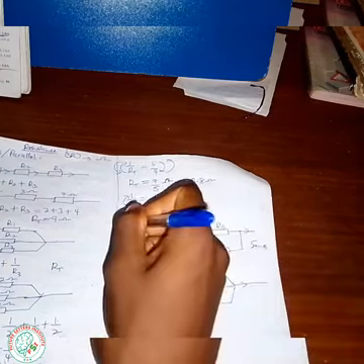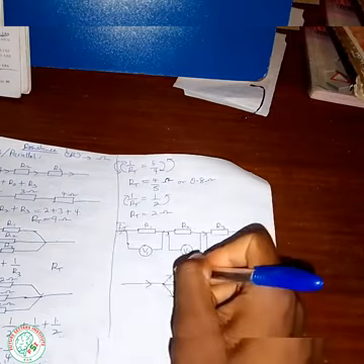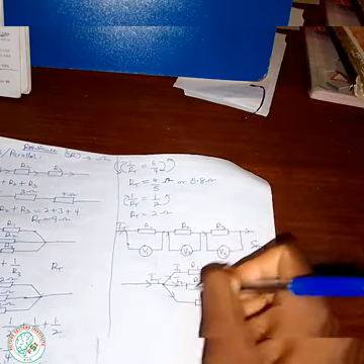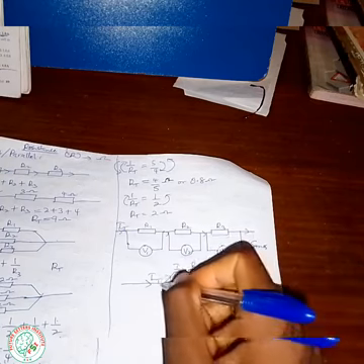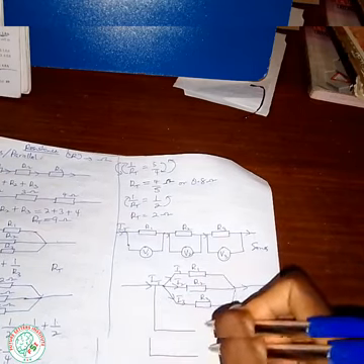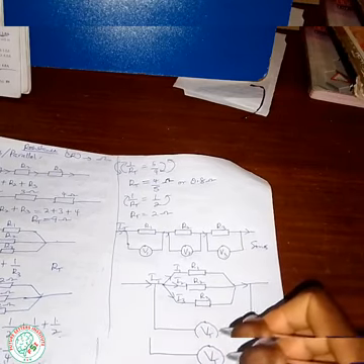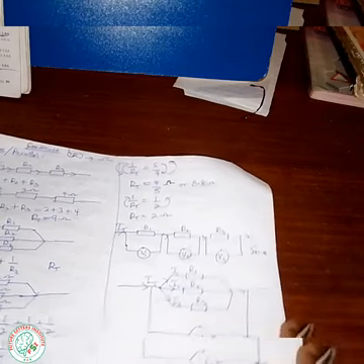Now on this side we're having IT. Here we are having IT, here we're having I1, here we're having I2, here we're having I3. Then here we are coming here and we're having a voltmeter here, VT. Now, okay. So observe very well.